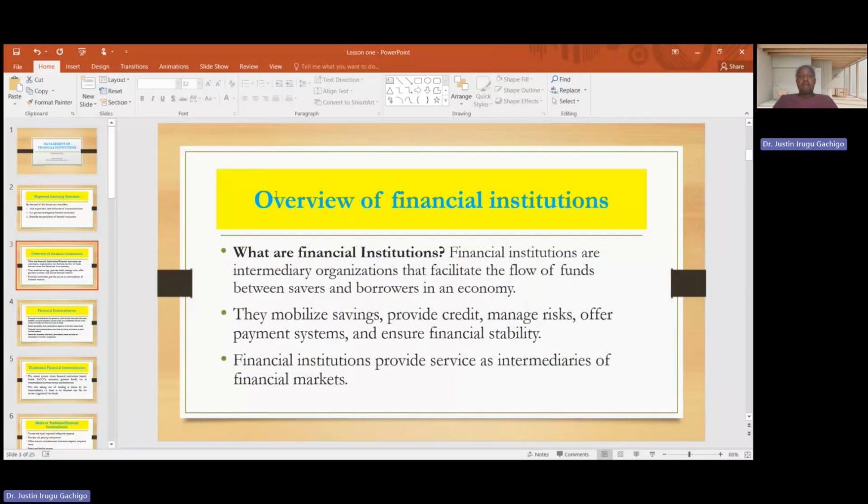And I'm very sure that in the course of our learning, we have come across, in macroeconomics, the measures that the government uses to ensure the stability of money in the economy. In most cases, they normally use banks.